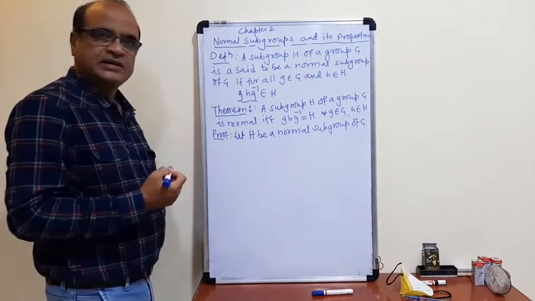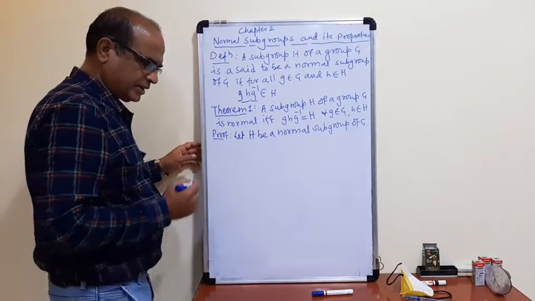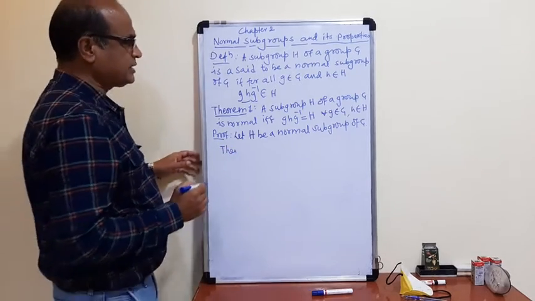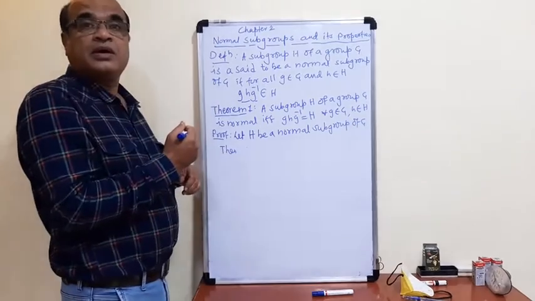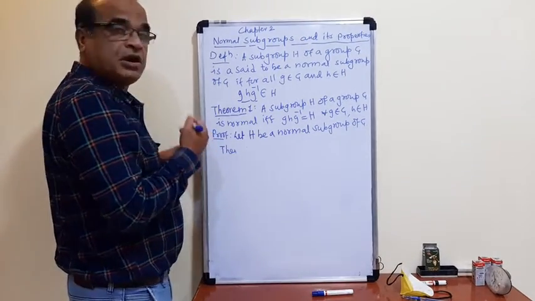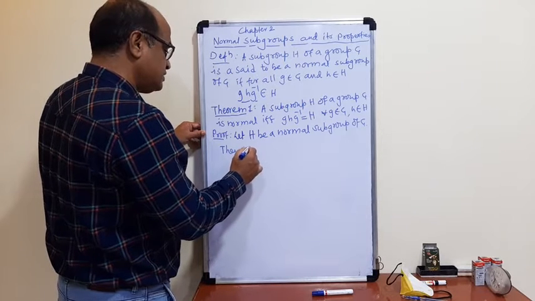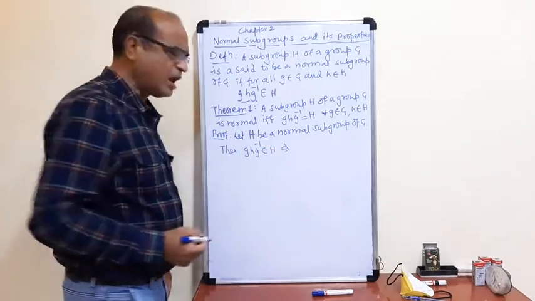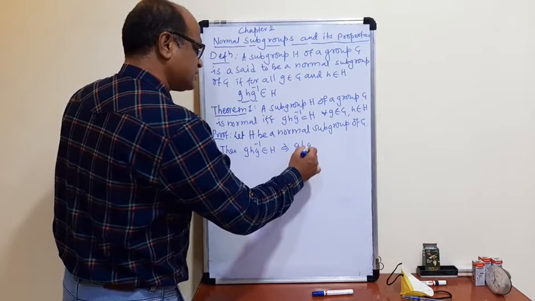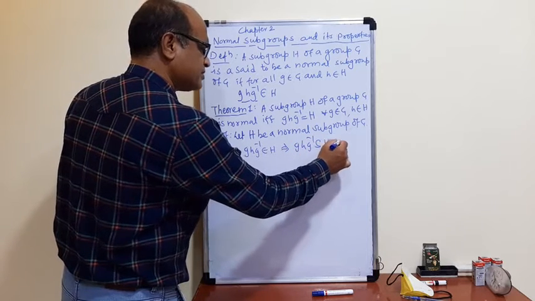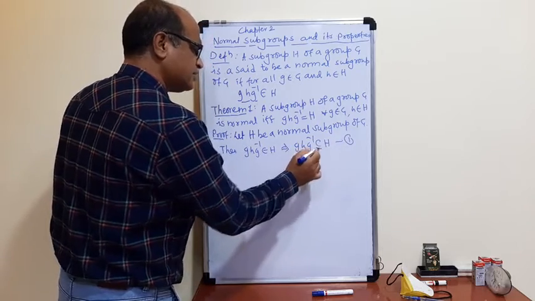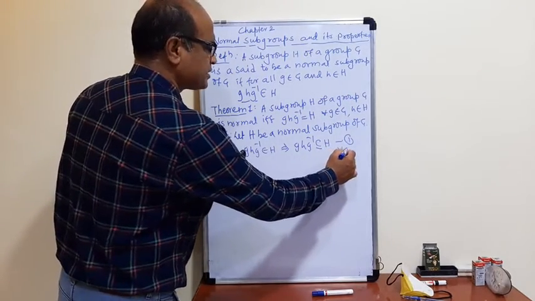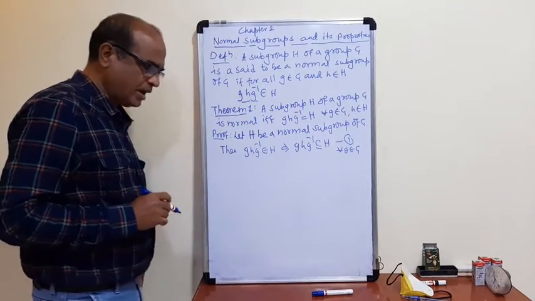We prove that g H g inverse is equal to H. Then, by the definition of a normal subgroup H of G, g h g inverse belongs to H, which implies that g H g inverse is a subset of H for all g belonging to G. So this is equation number 1.